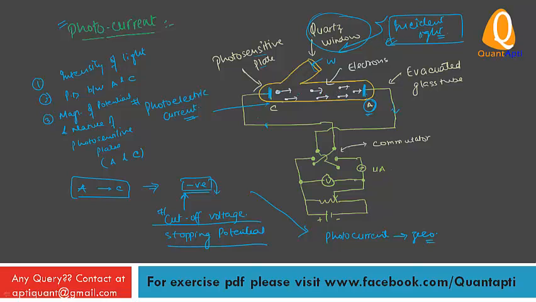Hence for a given photosensitive material, that is zinc or copper or any other, and frequency of incident radiation, the photocurrent is directly proportional to the incident light.